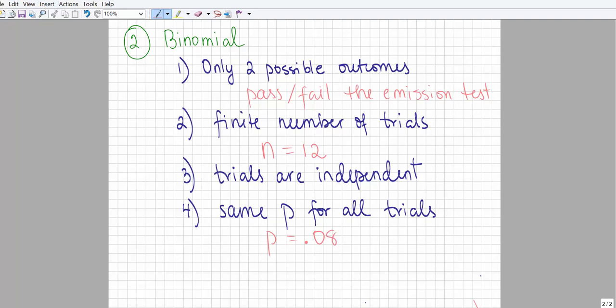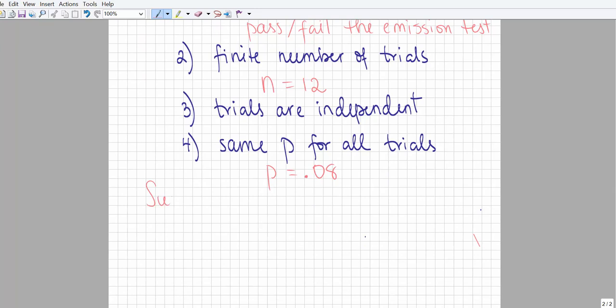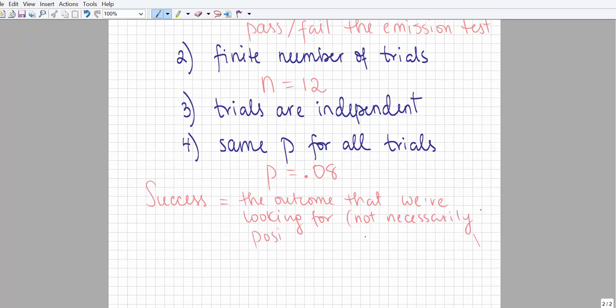Okay, so success in this case is the outcome that we are looking for or we're expecting. Okay, not necessarily a good thing or positive thing. In this case it's actually bad. If your car fails the emission test, it's not exactly a good thing.